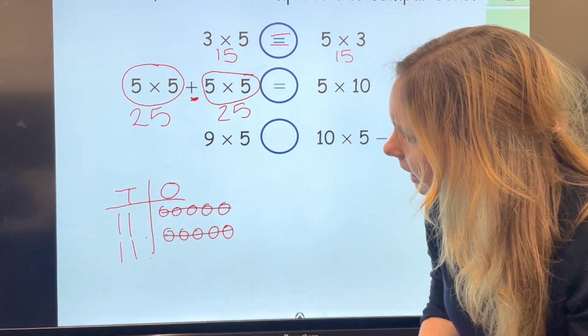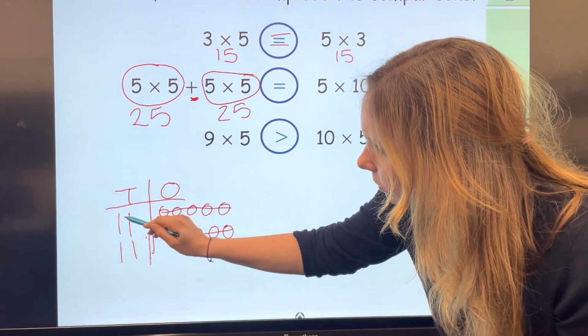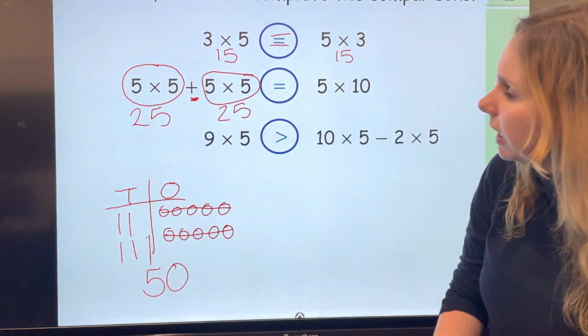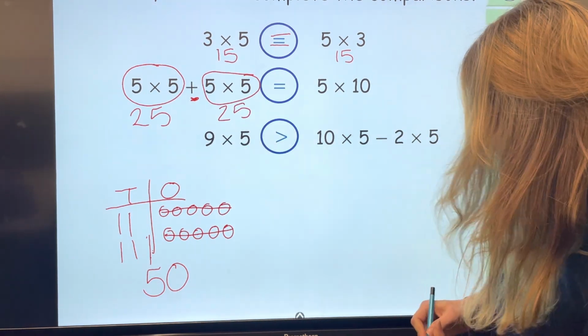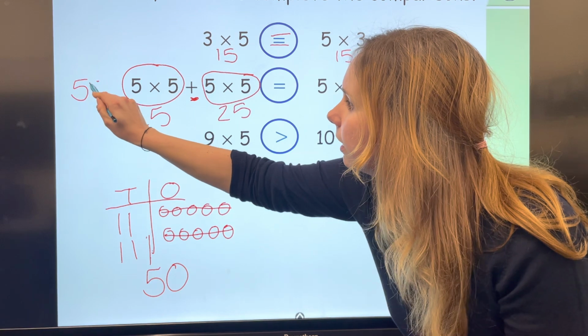I've moved it into the 10 column, and I've got 1, 2, 3, 4, 5 10s. 5 10s I know is 50. So I'm going to write my answer over here, 50, and I'm going to put a line.